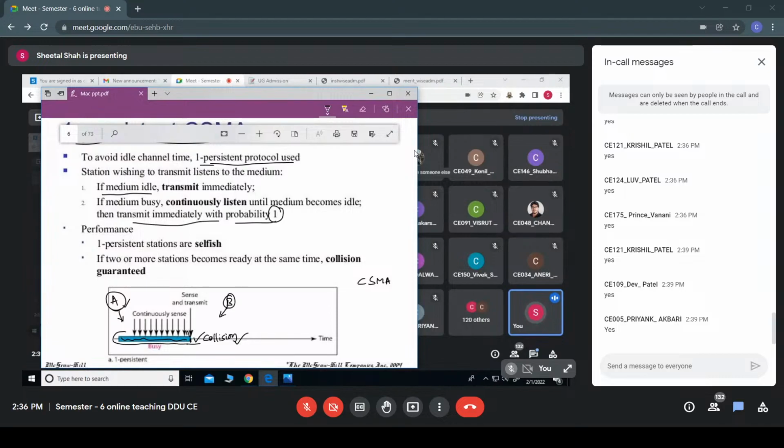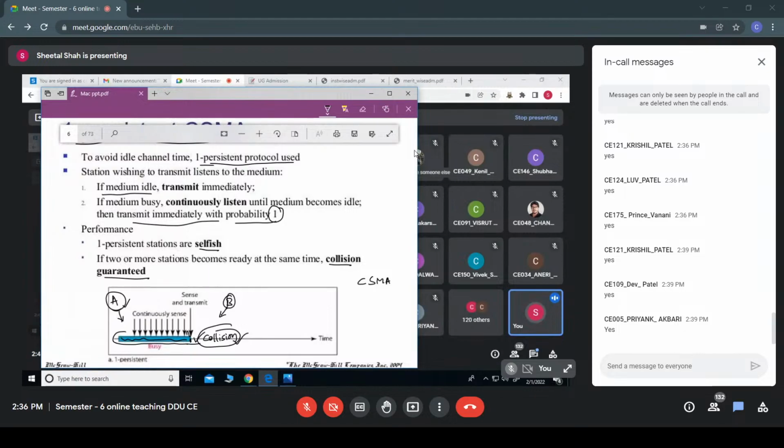And since more than one station is transmitting through the channel, there would be a possibility of collision, isn't it? So here, in case of one persistent, the stations are selfish. That means as soon as the channel becomes free, every station wants to access that channel, isn't it? So they are selfish. And if two or more stations become ready at the same time, the collision is guaranteed.